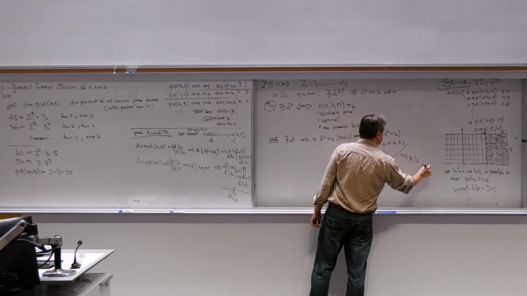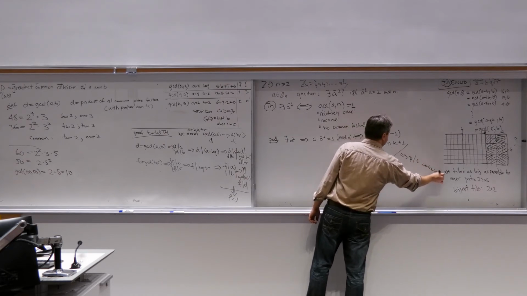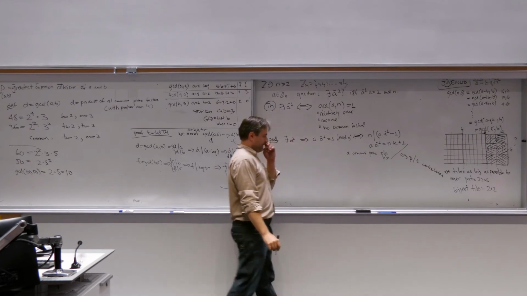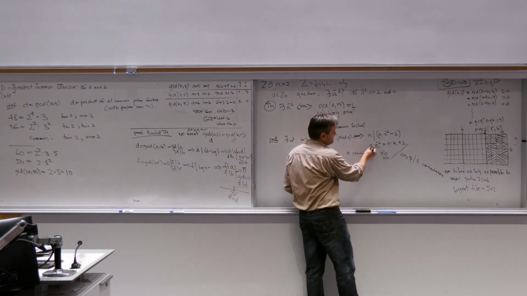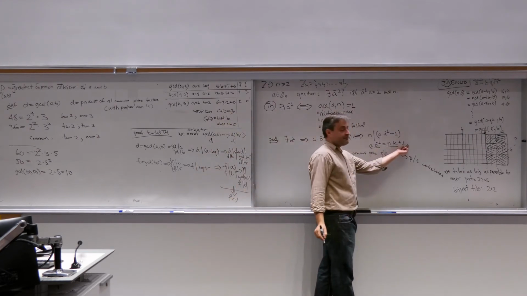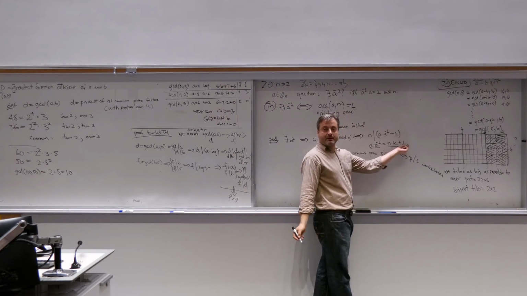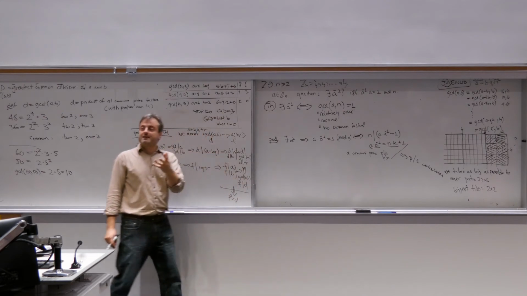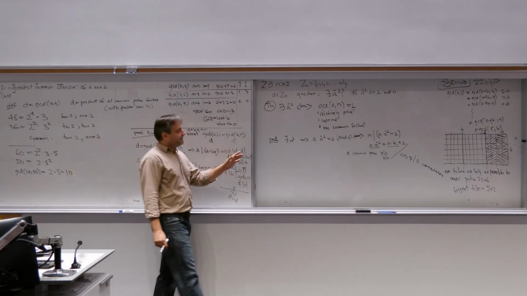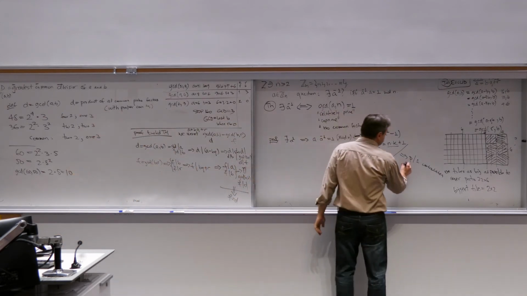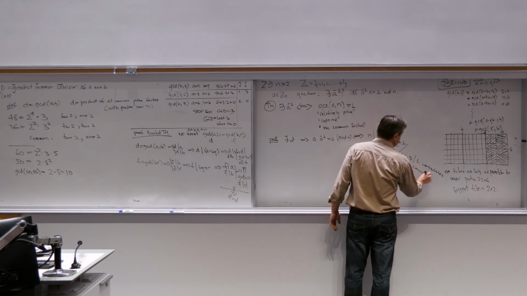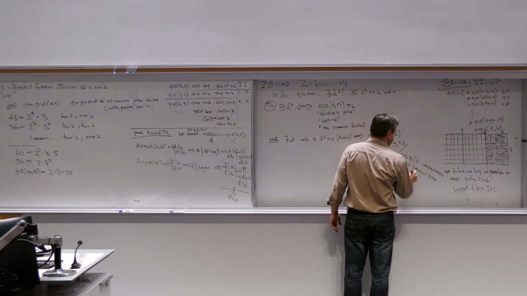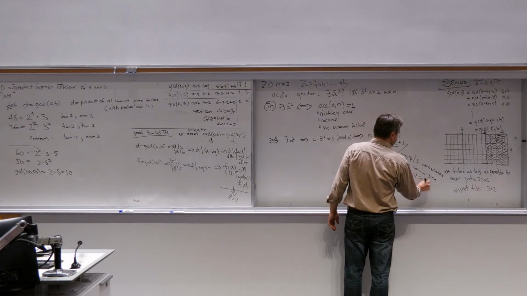This is a contradiction. If it divides this part and divides this part, it will divide the difference, which is not possible for a prime to divide 1. That's the easy way. So if there is an inverse, there is no such prime, that means GCD of A and n must be 1.